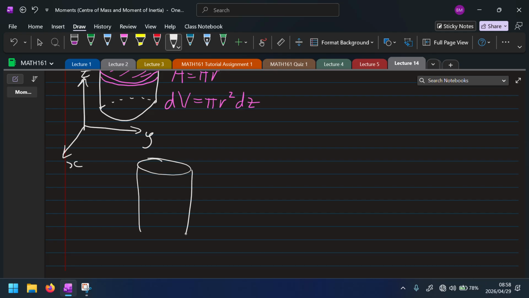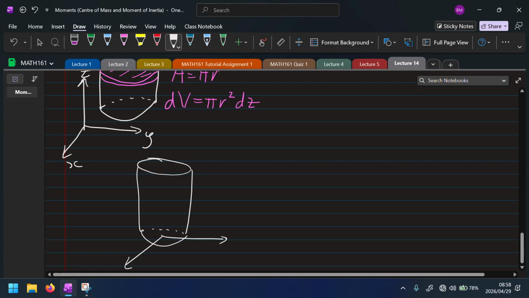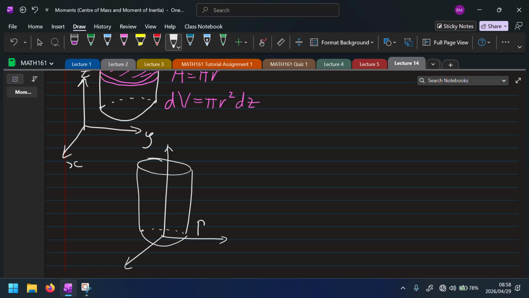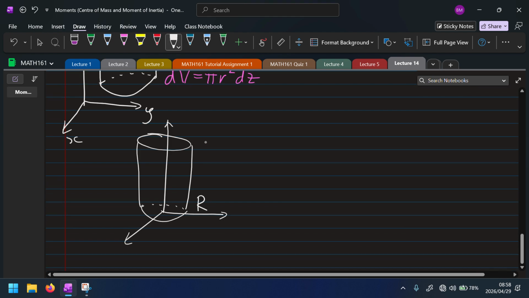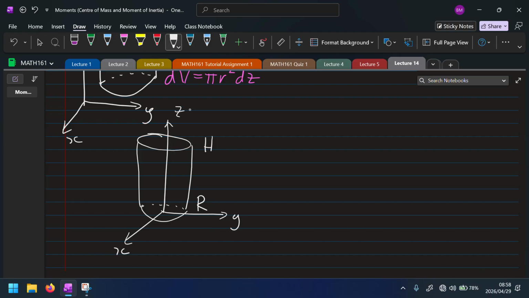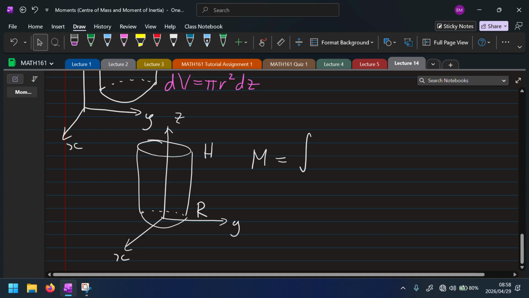Okay, so we got our cylinder. So let's say the radius is capital R. It has to have some radius there. Let's say that the height is h. Okay, so we set up our coordinate system so we can put down some values. So our total mass m is going to be the integral, little rho there, dV.